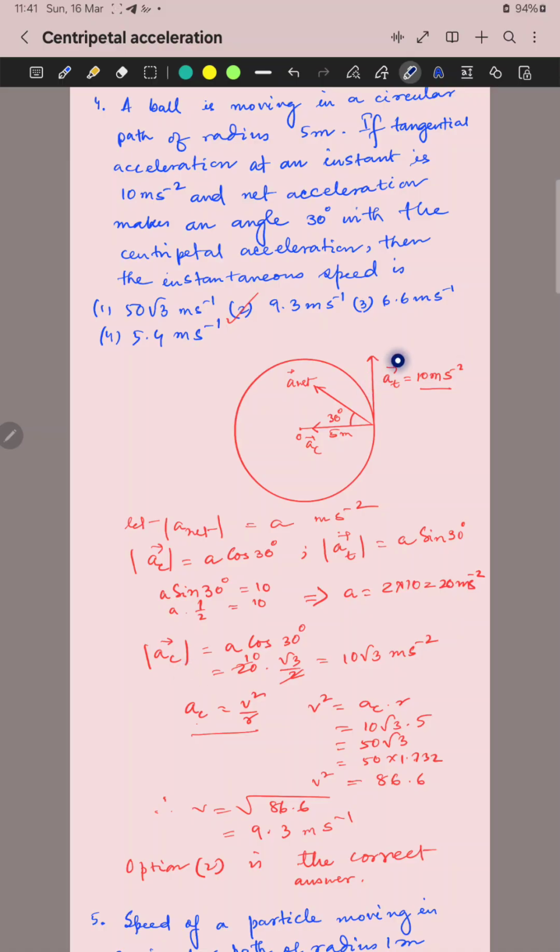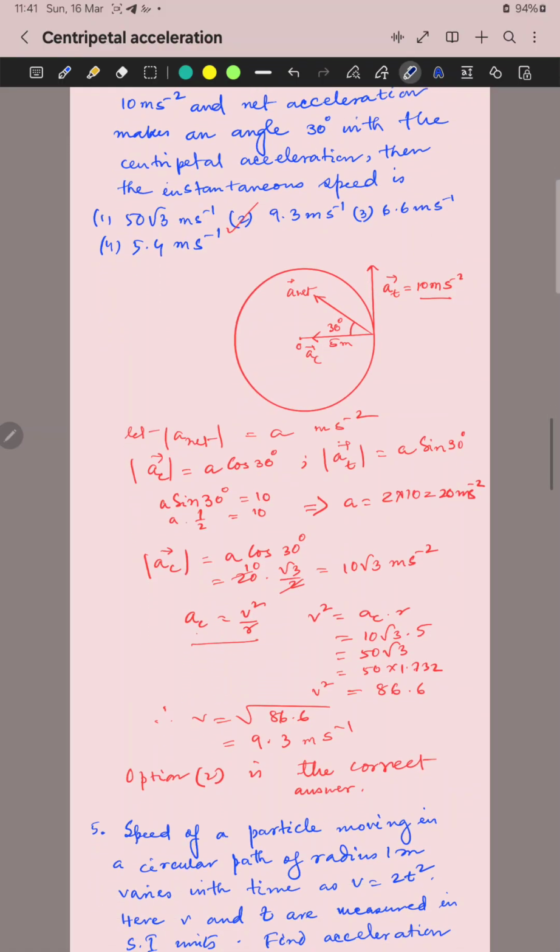Now the centripetal acceleration is given by a cos 30 degree. Again, substituting the value of cos 30, we get it to be 10 root 3 meter per second square. Now, both the tangential and centripetal accelerations are known to us.